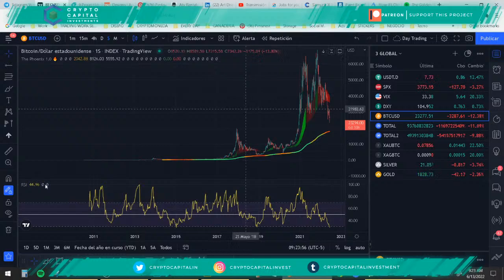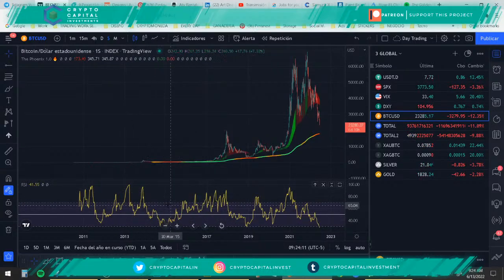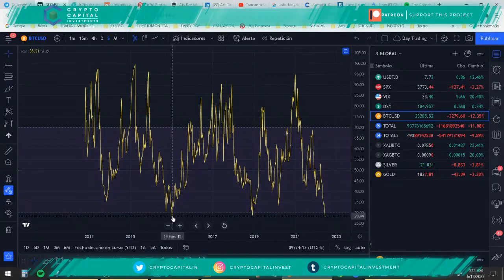So almost one year without charts, but that's what we can get. And this is the third time in Bitcoin history that we are at the bottom of the RSI. First tip here, second tip here, third tip right here.